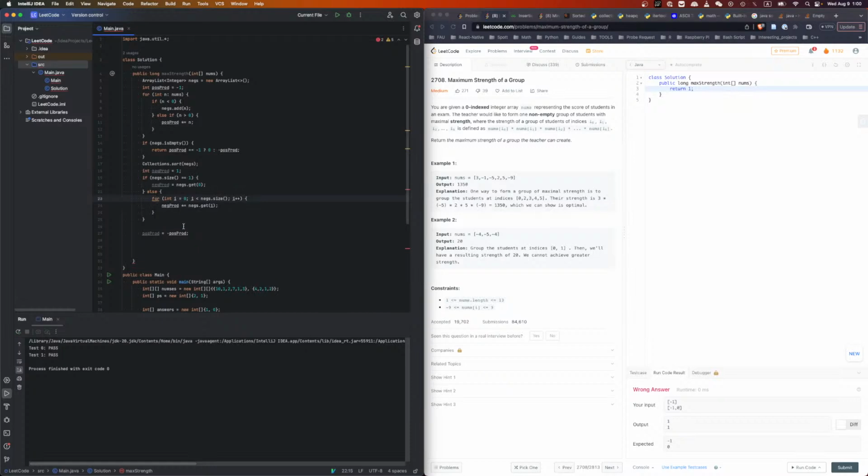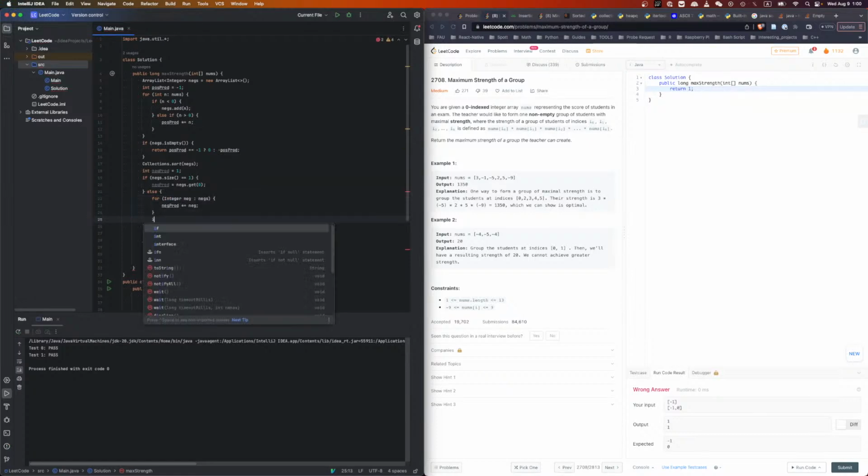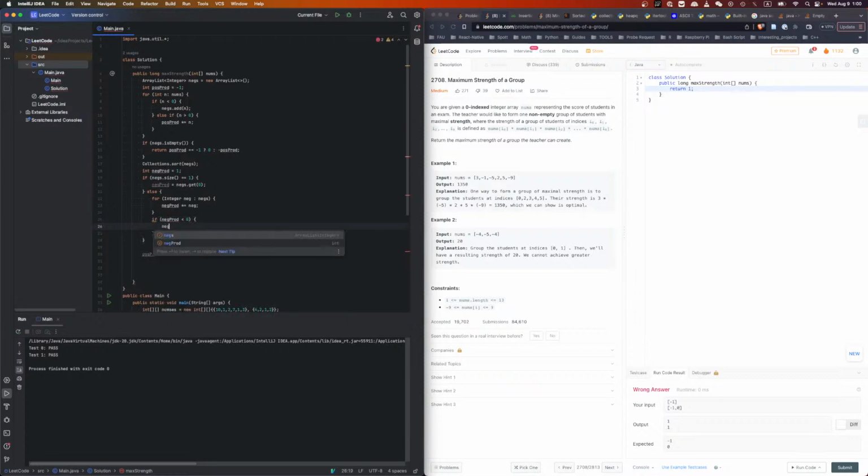For loop can be replaced with the enhanced for. Oh yes. Yes. Right? And now we say if neg product is smaller than 0, then neg prod divided equal to negs.get 0. Okay, so this is me getting the negative product, right? Getting the negative product.